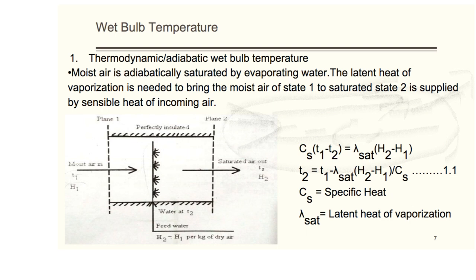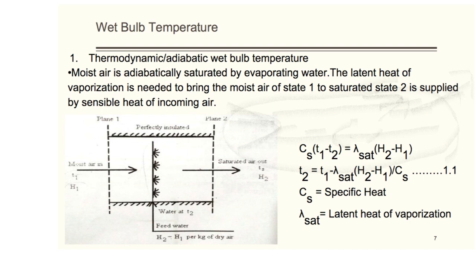So it is written here that the latent heat of vaporization needed to bring the moist air of state 1 to saturated state 2 is supplied by the sensible heat of incoming air. So the sensible heat is equal to the latent heat of vaporization. Here we have written it as Cs into (T1 minus T2) equals lambda saturated multiplied by (H2 minus H1).